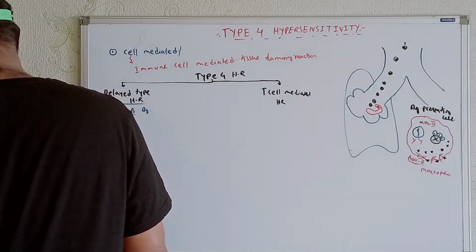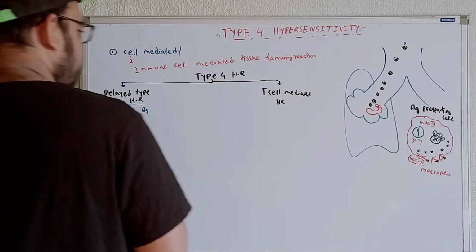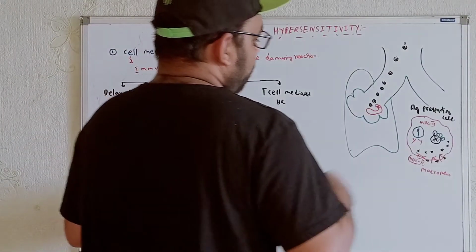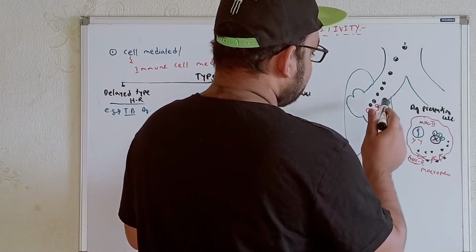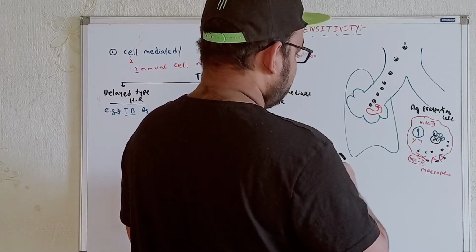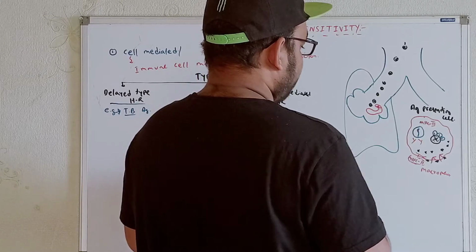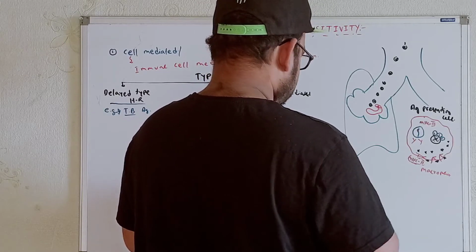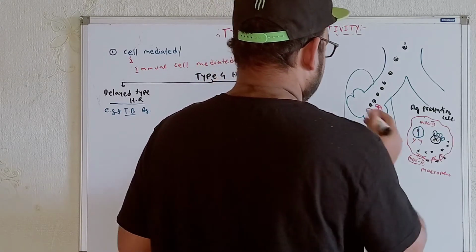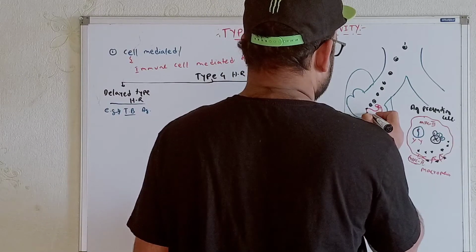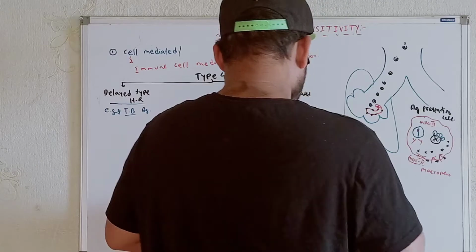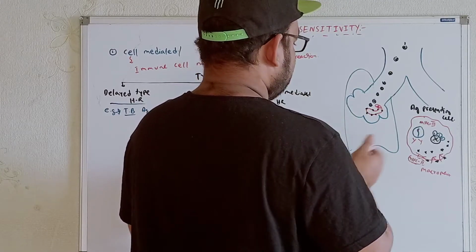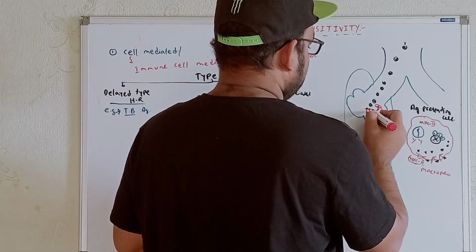Now, let's talk in detail about this one. Try to understand: this MHC class 2 molecule on the macrophage is representing the tubercular antigens, these whole parts, the antigens, and these are the MHC class 2 molecules.